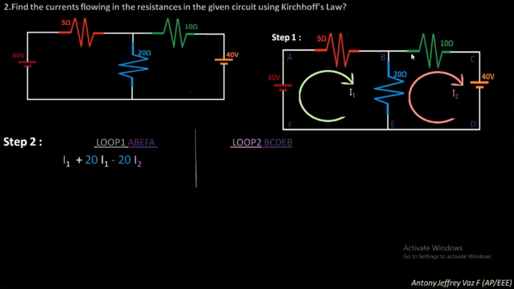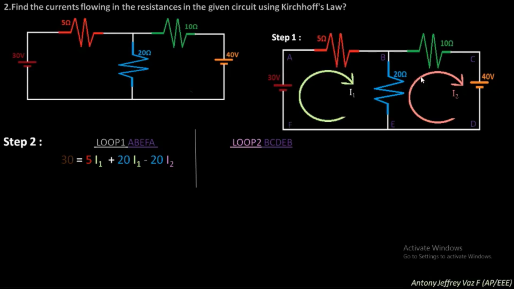Now for loop 1, you can see the current I1 is flowing through the battery from negative terminal to the positive terminal, and through the 5 ohm resistance and the 20 ohm resistance, returning back to the battery. Since the current I1 direction is from negative to positive, it is coming up, so you are getting plus 30 volt, which is equivalent to, others are same, 5 into I1, 20 into I1.